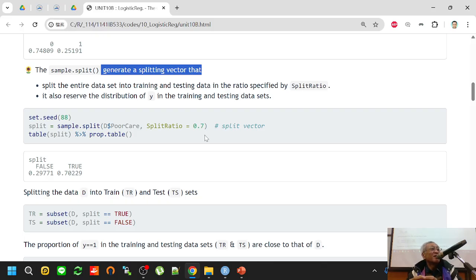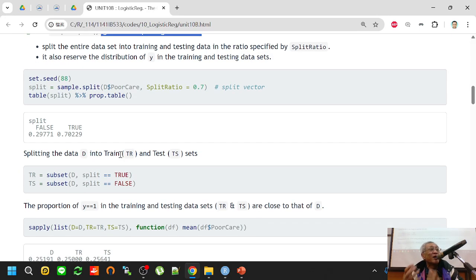When we have the data, we split it into training and testing. The training data will be used to train the model, and the testing data will be used to estimate the accuracy of the model.